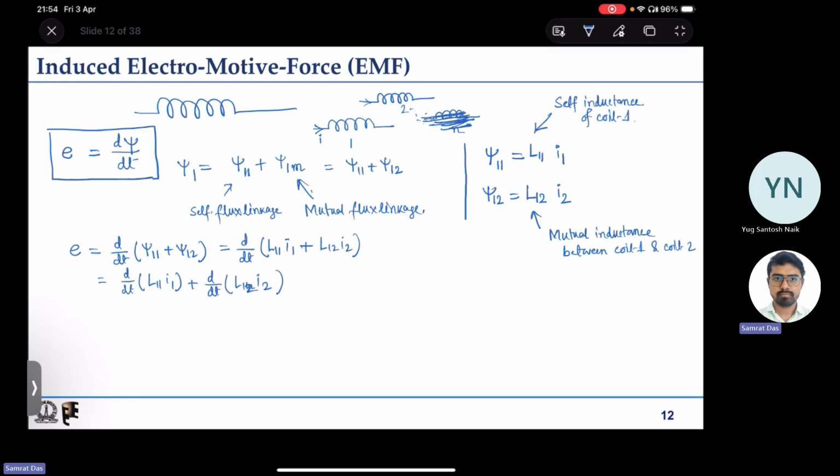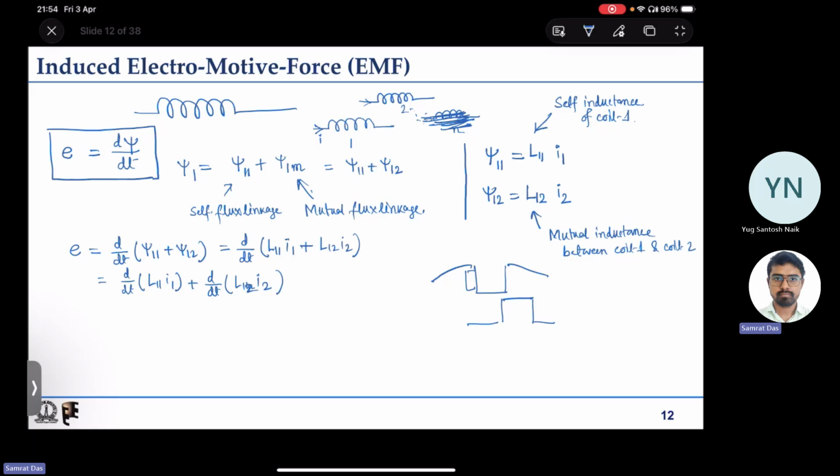Yes, inductance can also change if something is moving. If something is moving, then the inductance can always change. We'll look at some examples for that also. Suppose we have some static part like this, and we have some moving thing.